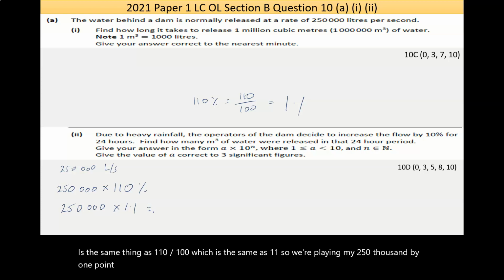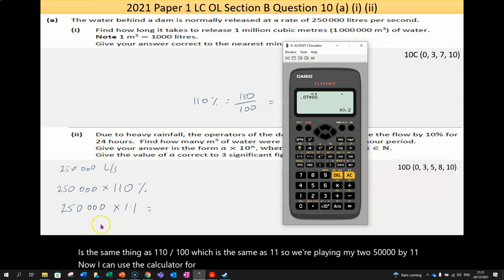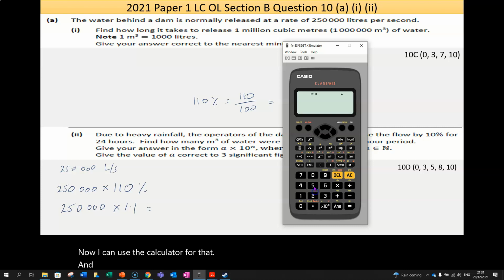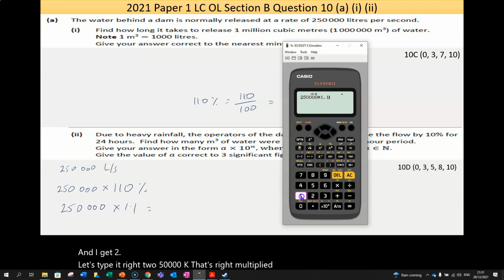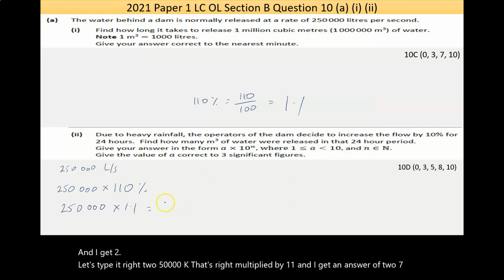Now, I can use the calculator for that. Let's type it right, 250,000. Okay, it's right. Multiply by 1.1, and I get an answer of 275,000.